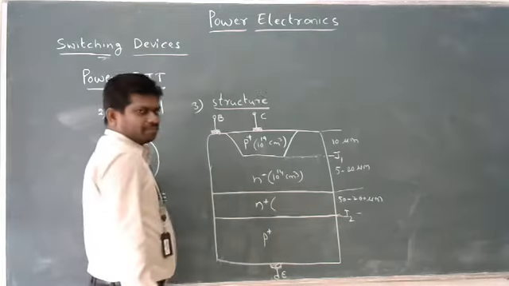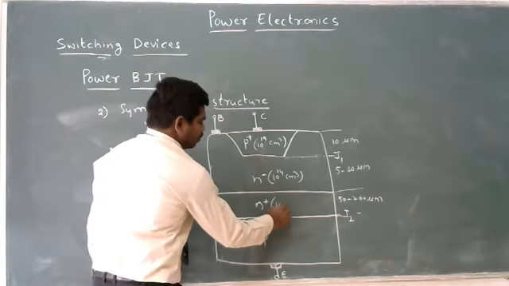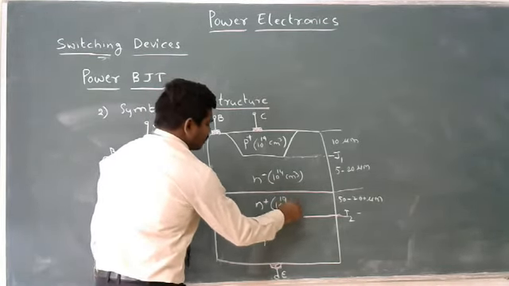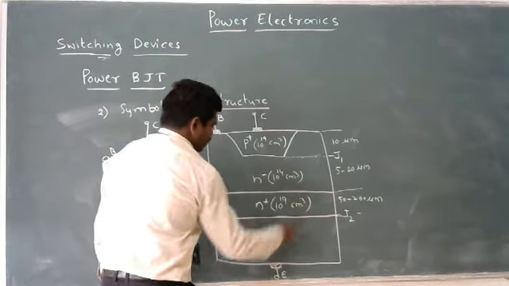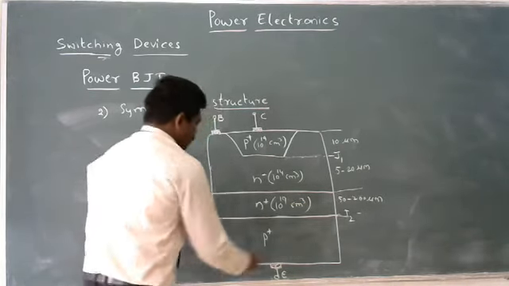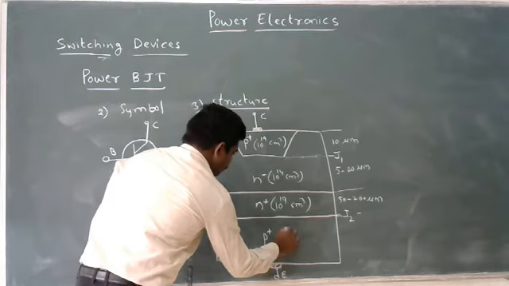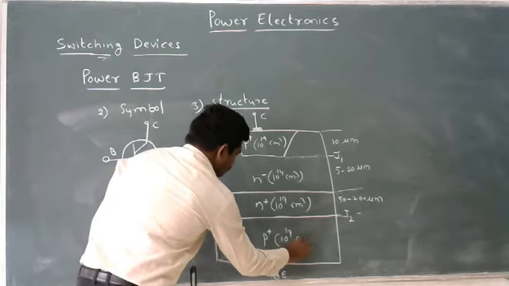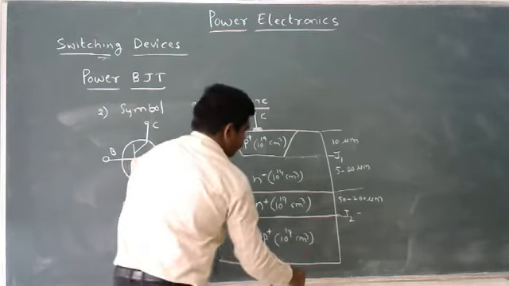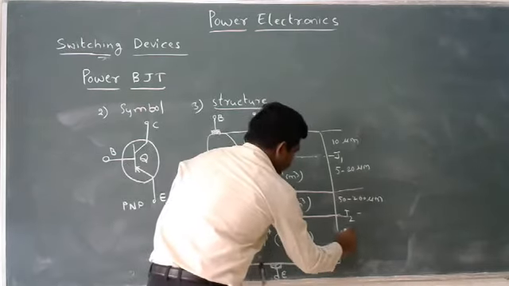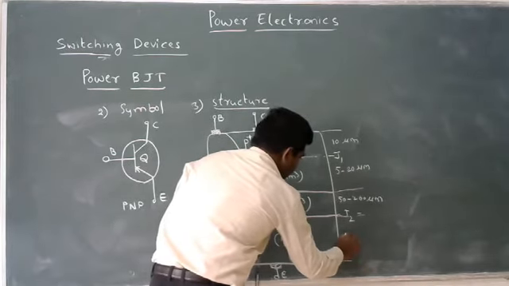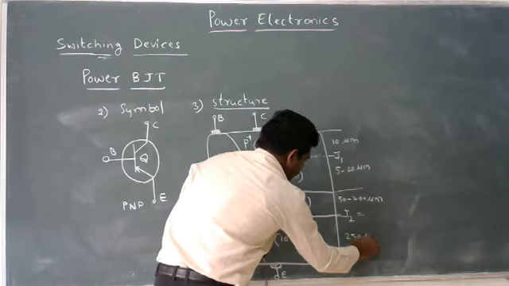The doping level of N plus is 10 power 19 centimeter cube, and this is again 10 power 19 centimeter cube, and the width of the region is around 250 micrometers.